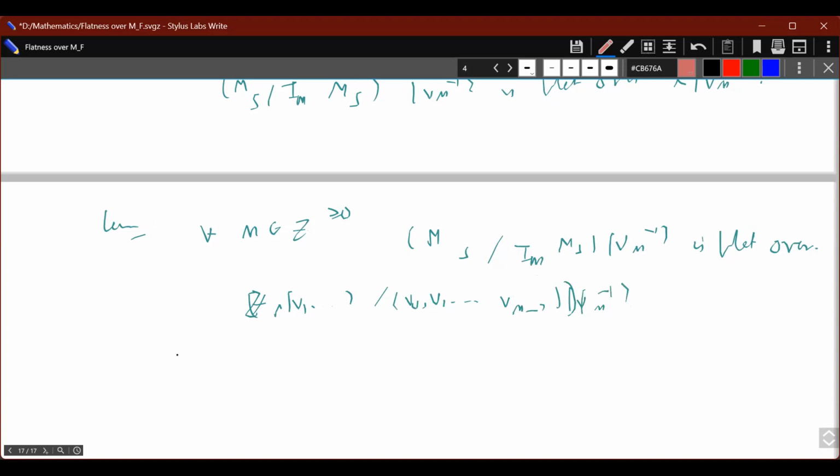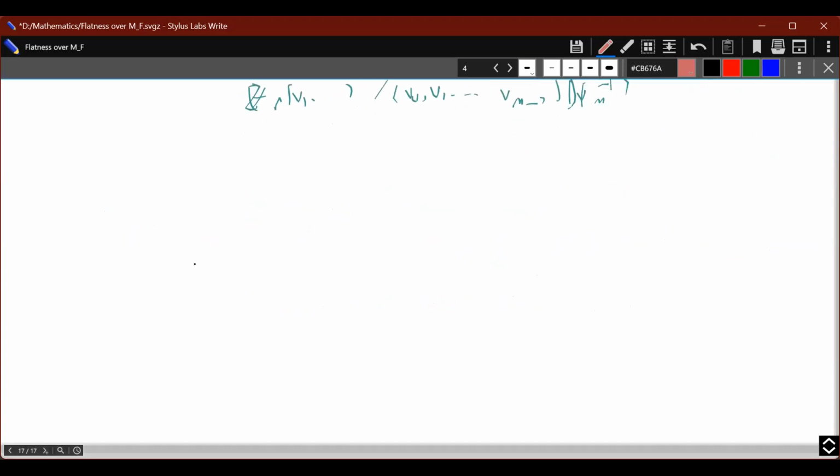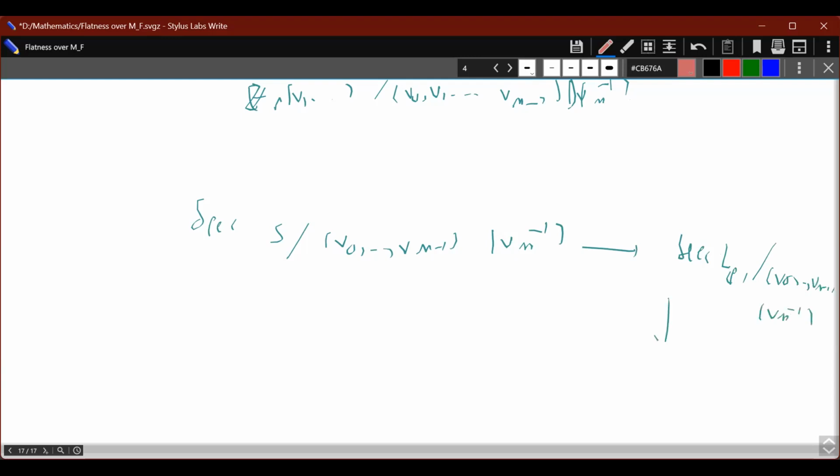So you have a pullback square, a pullback square of this one.